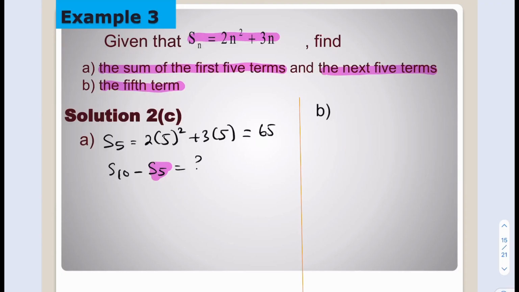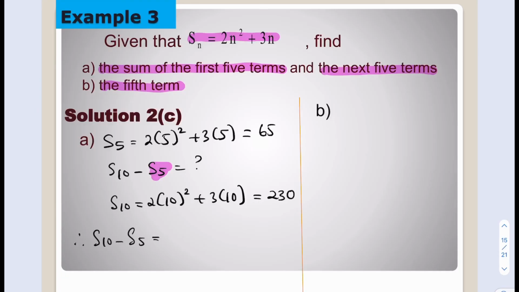In order to find S10, use the Sn formula, which is 2 multiplied by 10 squared plus 3 multiplied by 10. And if you calculate, you will get 230. Therefore, S10 minus S5 equals to 230 minus 65, and it is equals to 165.